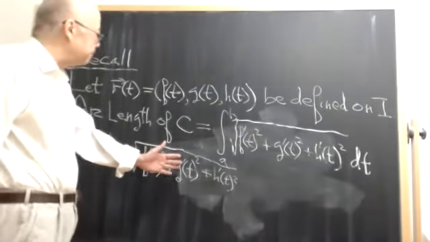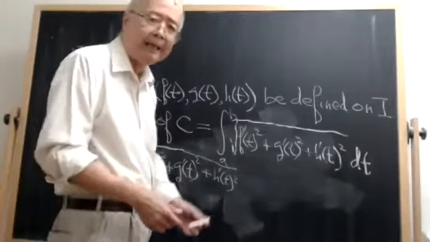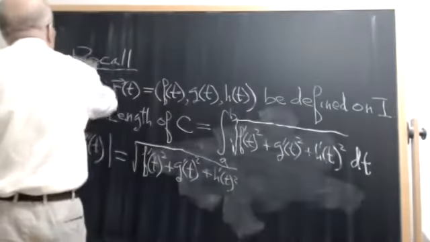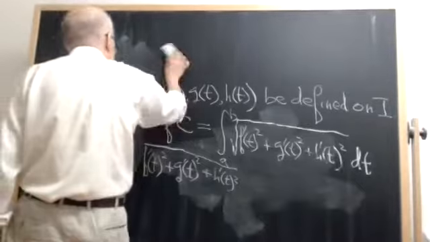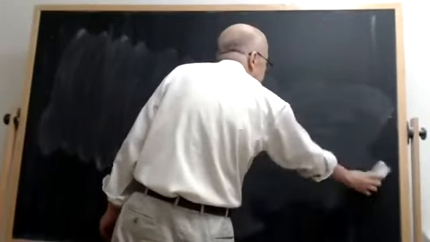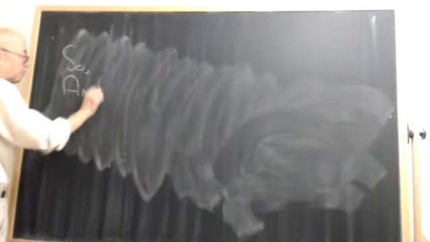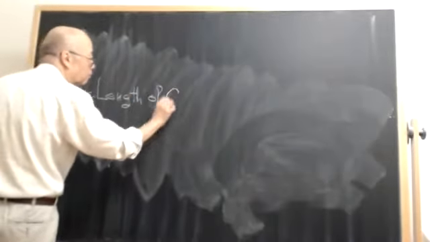So once you see this, then we can rewrite the arc length of the curve C. So the arc length of C is equal to the following.